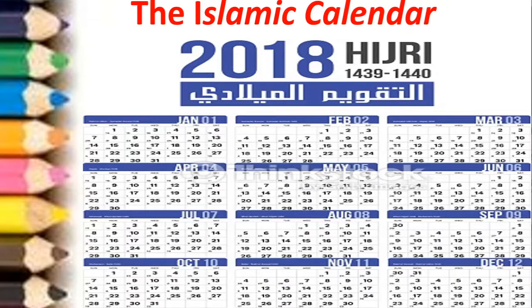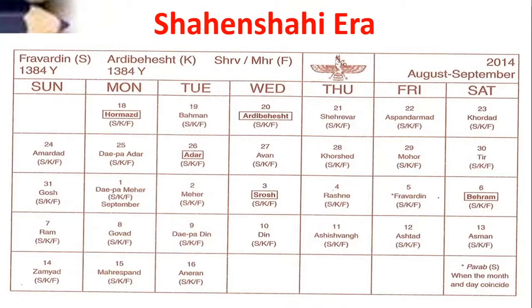It marked the migration of the founder of Islam, Prophet Muhammad, from Mecca to Medina, and that is the Hijri era or Hijri calendar, which is followed by our Muslim brethren. Now, our Parsi friends, the Parsi community, follow the Shahi era. Alright, so these are all the different kinds of calendars which are followed by different people.